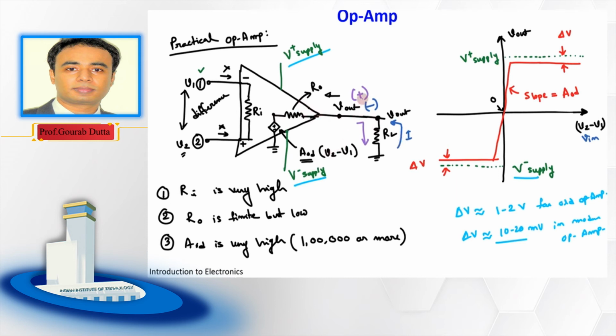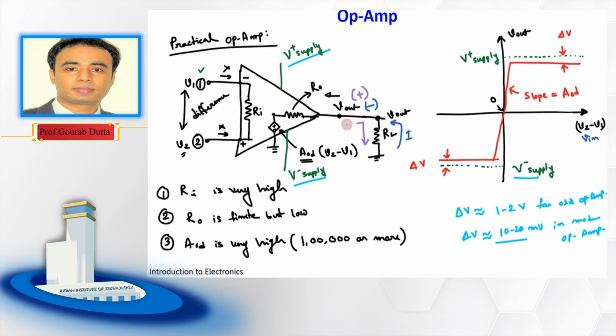So whether it is a positive voltage or negative voltage, this op amp either has to supply one current or take another current, means act as a sink. So for both cases, the current will be flowing either in or out of this op amp output terminal, right?